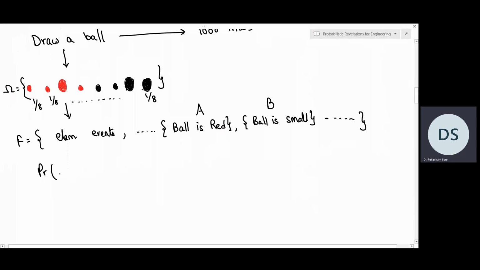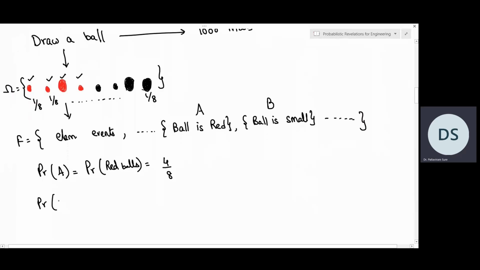What is the probability of A? This is the probability of red balls. So we have 1, 2, 3, 4 red balls, which is 4 out of 8. So 4 elementary events, hence 4 by 8.